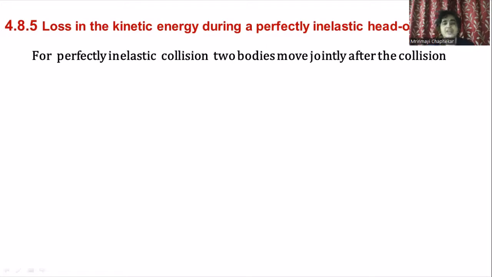Now, for perfectly inelastic collision, two bodies move jointly after collision, right? Here we have got two bodies with mass m1, m2, initial velocities u1, u2. Later on, for perfectly inelastic collision, they are going to move jointly together after collision. So after collision, the velocity will be v.